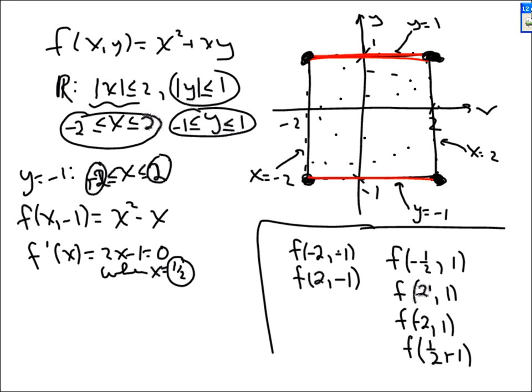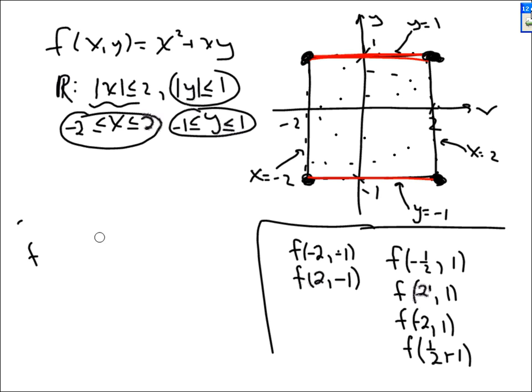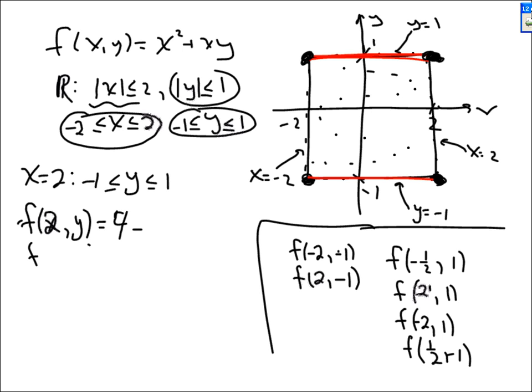Now we let x equal 2 and then negative 2. X is equal to 2, and y now goes between negative 1 and 1. So f(2, y) gives me 2 squared plus 2y. Now this is a line, and it has a non-zero slope, so it has a max at one of the endpoints.